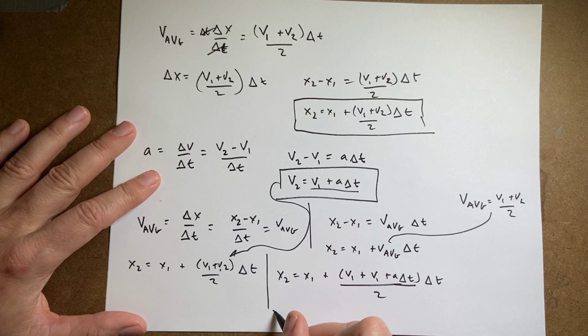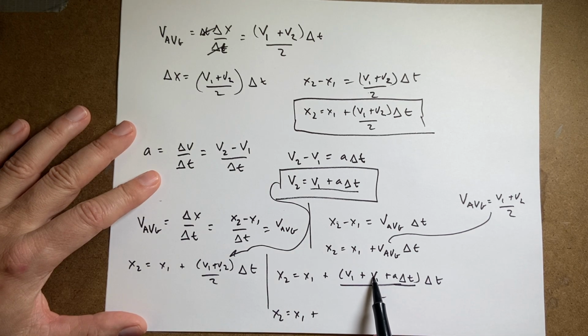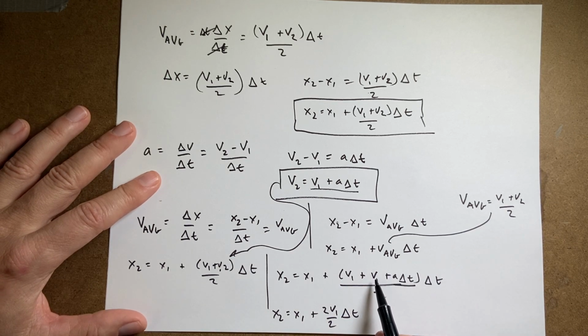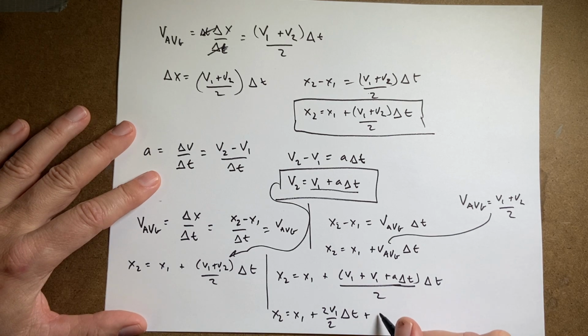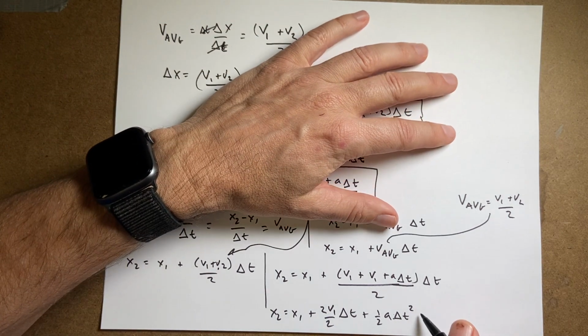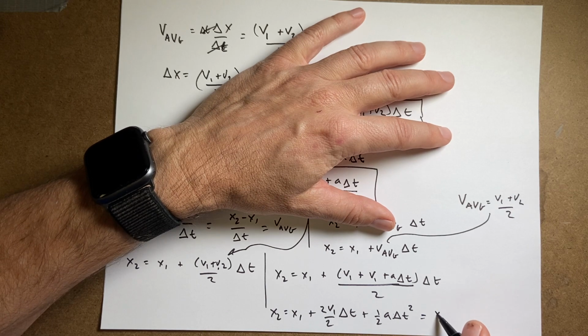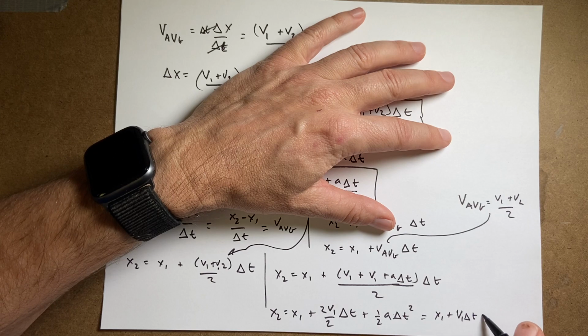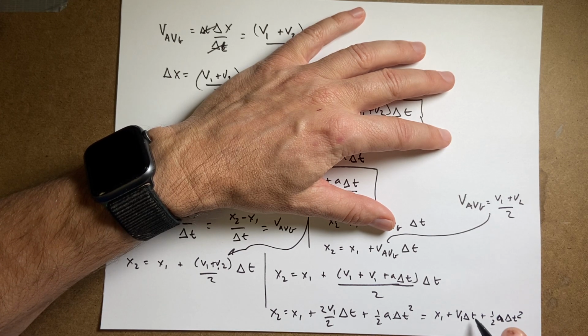So if I multiply this out, I get x2 equals x1 plus v1 plus v1 is 2v1 over 2. I got to divide that, and I have the delta t. Then I have plus 1/2 a delta t, and I have 2 delta t, so I have delta t squared. And so this is just equal to x1 plus v1 delta t, because the 2's cancel, plus 1/2 a delta t squared.